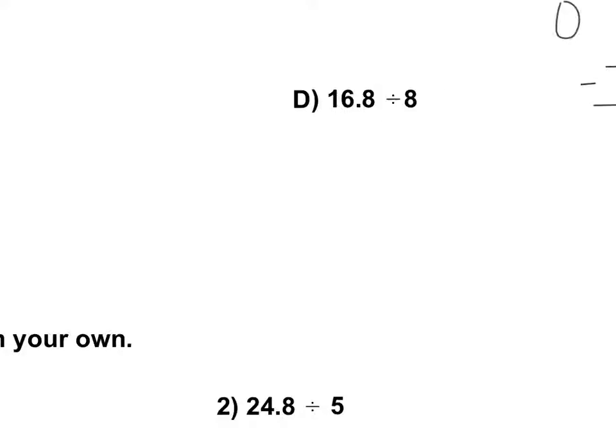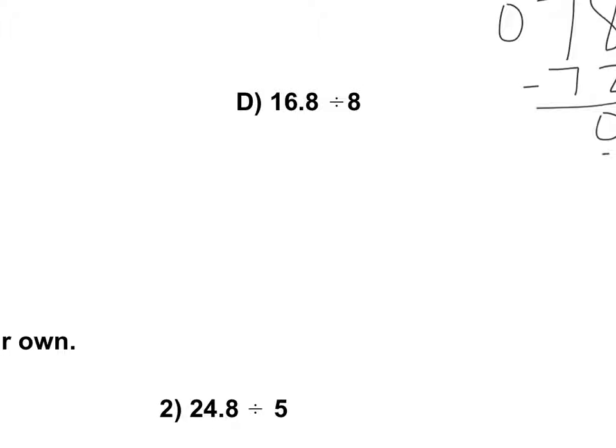Let's do another one. 16.8 divided by 8. Here we go. 16.8 divided by 8. Okay. First thing we do, we bring our decimal up from our dividend to our quotient, and then we take a look at 8. 8 goes into 16 2 times.